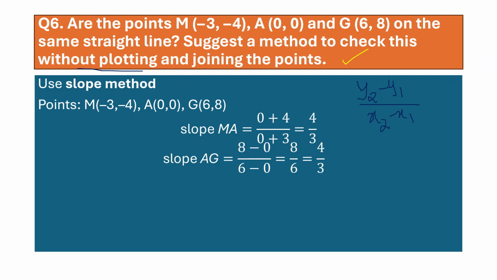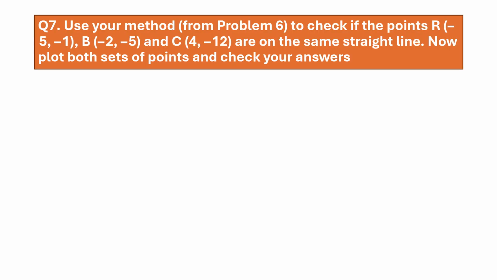Likewise, you have to take the other coordinates A and G using the same method, finding the slope. Now here, using this formula, we got slope for MA is 4 upon 3, slope for AG we got 4 upon 3. So that means slopes are equal. If it is equal, we term it as collinear. Hope that point is clear to you.